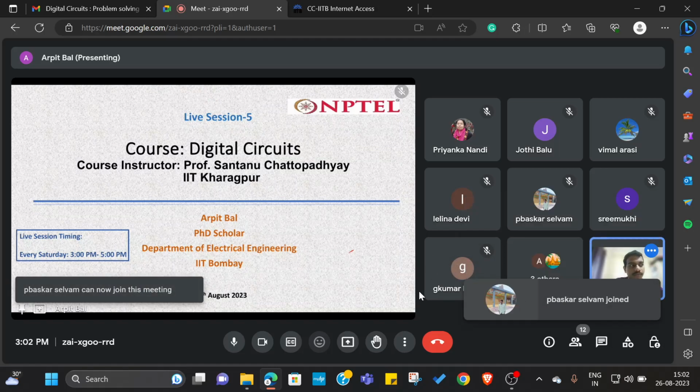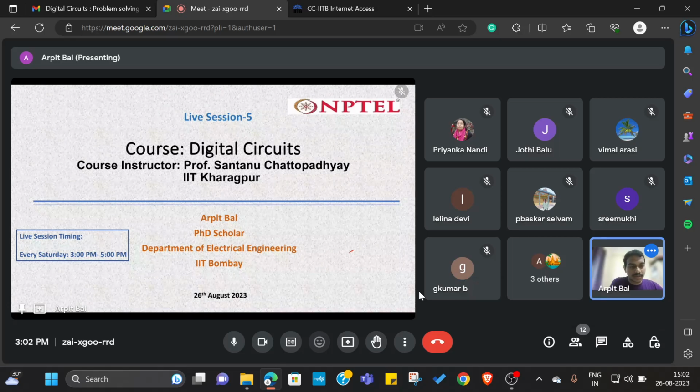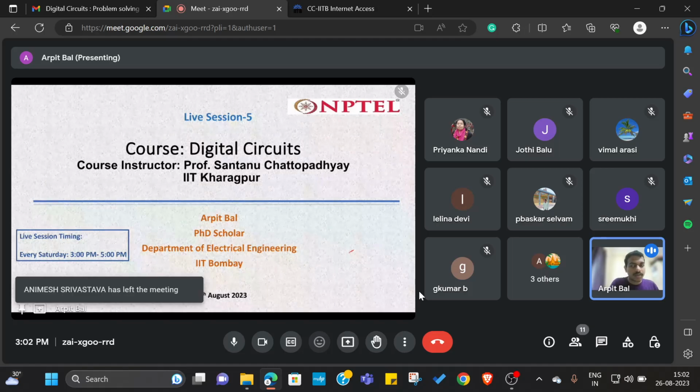We will have some combinational circuits like mux, decoders, encoders, and we will try to solve some problems related to that, which will help you in solving your assignments and to have a better grasp over the concepts.